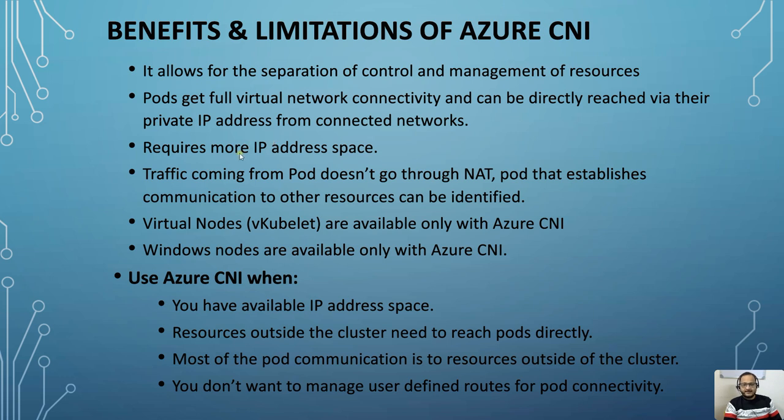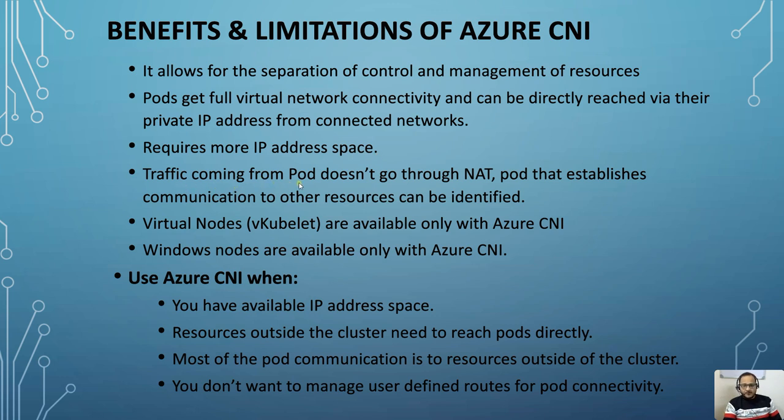So we can directly contact the pod. It requires more IP addresses, because from the same range the pod is also getting IP addresses and the node is also getting IP addresses. So you will require more IP addresses if you are using Azure CNI.